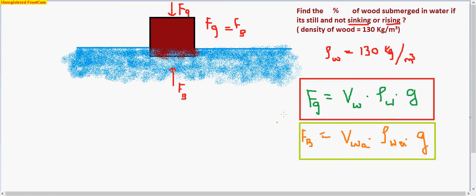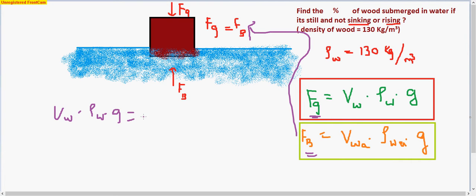Now what do we have here? We know that Fg is equal to Fb, right? From here, those are equal, so we can write it as Vw into rho W into g is equal to Vwa into rho Wa into g, right? g goes off.